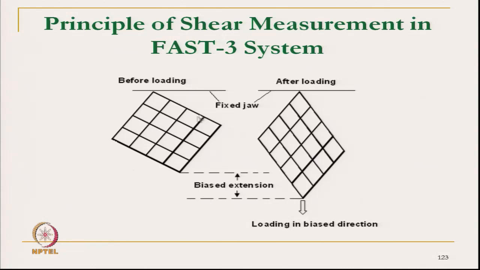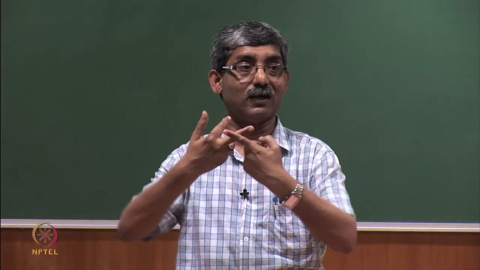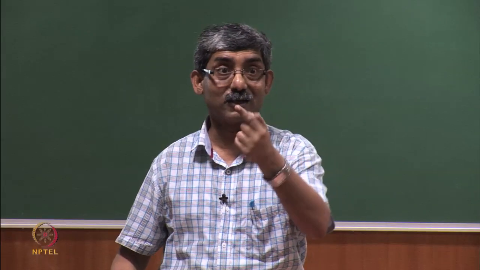Before loading this is the fabric arrangement, and after loading this is the extension. So, lower shear force will give higher extension. Simply by changing the fabric orientation we can get the idea about the shearing. Shearing is nothing but the movement of yarns in their interlacement zone.